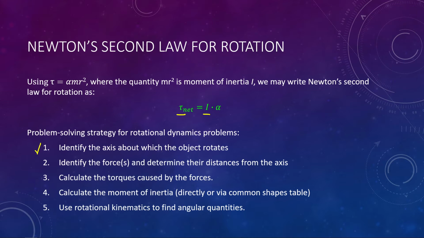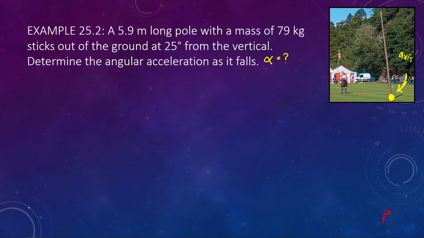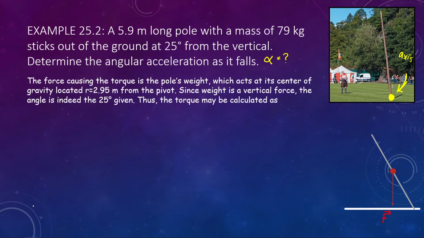And then it says to also identify the distance from the axis. So how far away from the axis is this force acting? Well, recall our last lecture. In our last lecture, we introduced the concept of center of gravity. This is a uniform object, so the weight of this object should be acting right at the center, right?